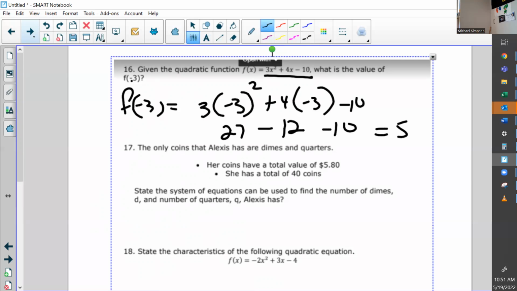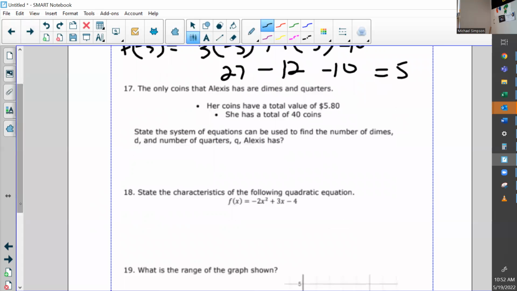Here, number 17. Again, it's a very simple equation. Alexis has dimes and quarters. And system of equations, that's the key phrase. You're going to have two equations. So my first equation is going to be the total of coins.